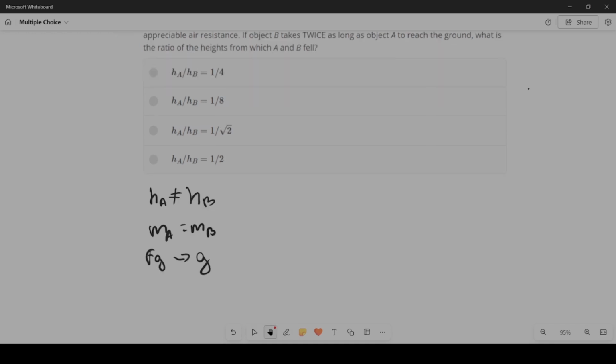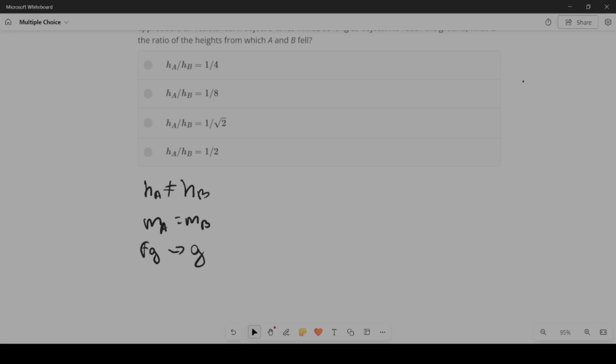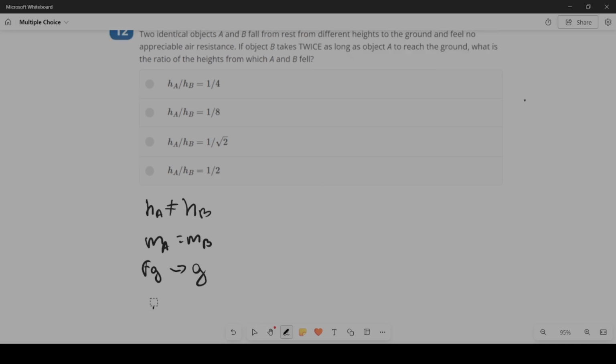Now, they tell us that object B takes twice as long as object A to reach the ground. So the time that it takes object B is 2 times the time that it takes object A. And what they're asking for is the ratio of the heights.